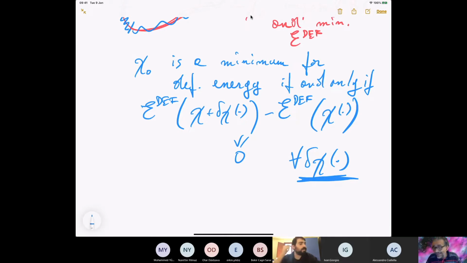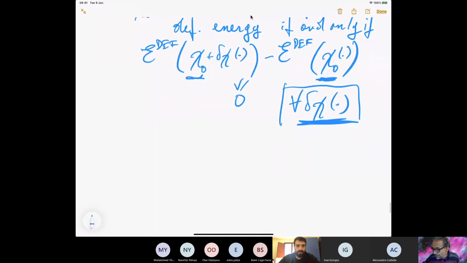And I must verify that when I change chi 0 a little bit, the deformation energy can only increase. So there is nothing strange in talking about virtual displacement.